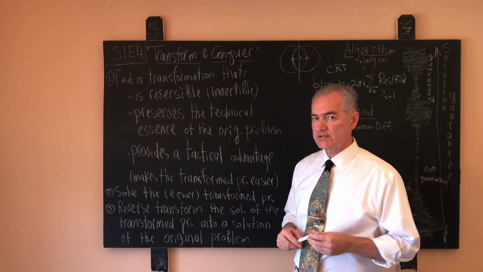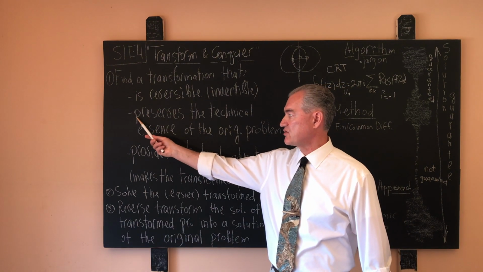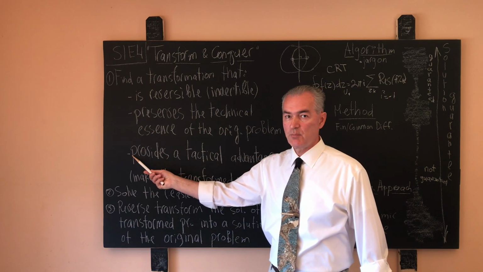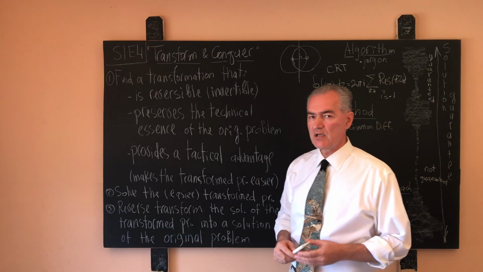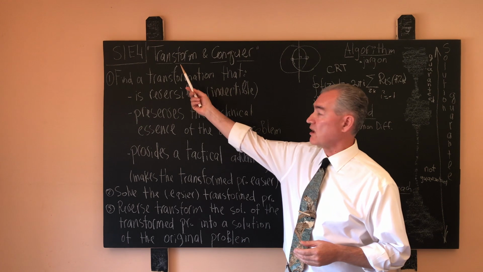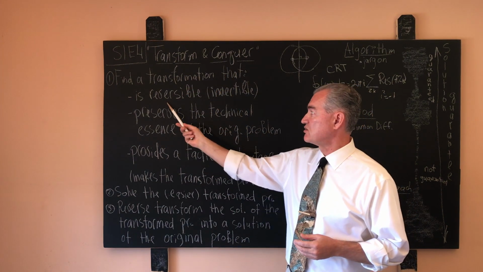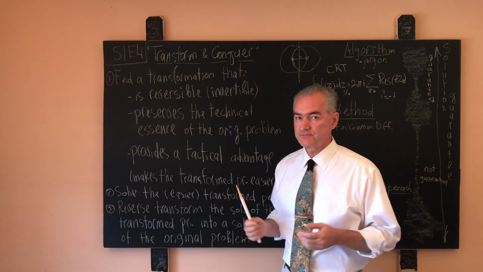Now, let us discuss at depth a little bit the three fundamental properties that a transformation should possess. Why should a transformation that may work under the transform and conquer problem-solving approach be reversible, and what does it even mean?